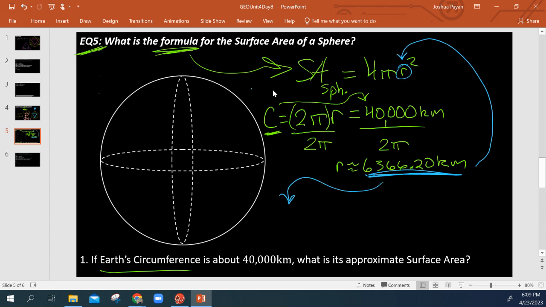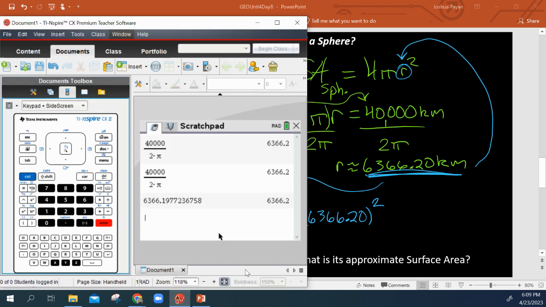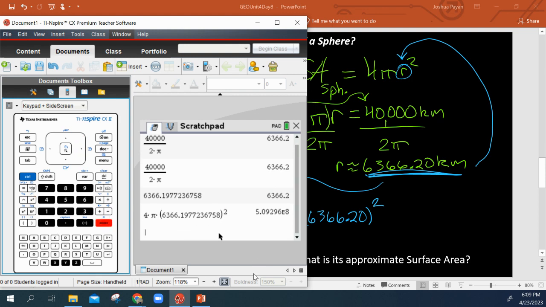That's just going to be 4 pi r squared, and we'll go ahead and chuck that in the calculator. So 4 times pi times our radius. I'm going to copy and paste because I haven't preached that to you enough. 4 pi r squared. And there we have it. Some giant number that my calculator can't fathom. I don't know if I can fathom that number.